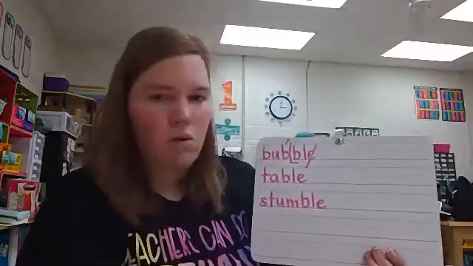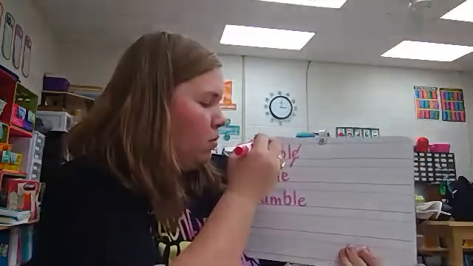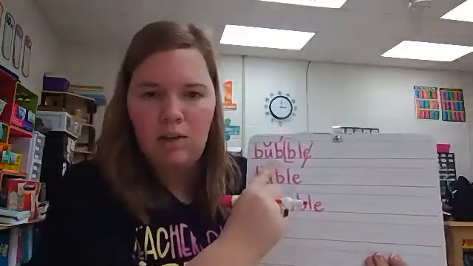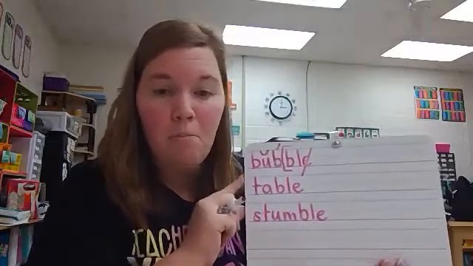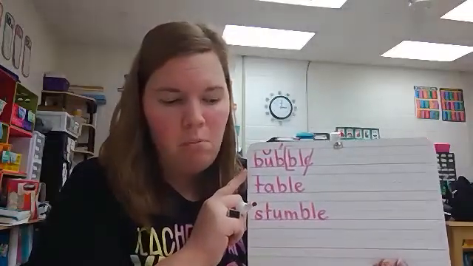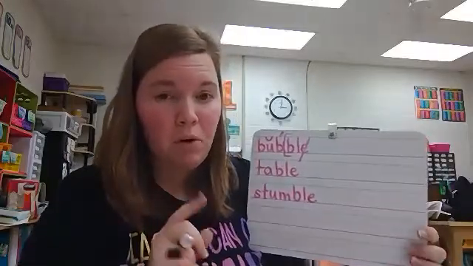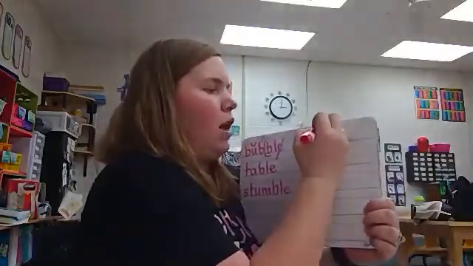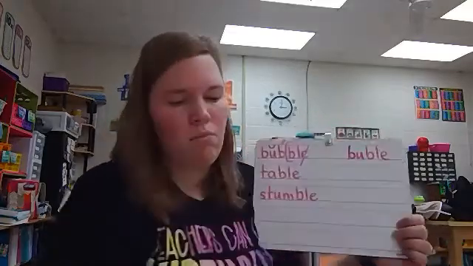And this U would be coded how? Right, with a breve. It is short because the consonant is following it. Okay, so this word is bubble. Now, what do you think would happen if the word only had one B? Let's look at it.